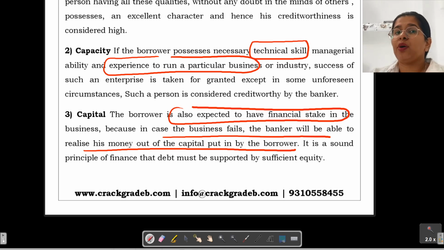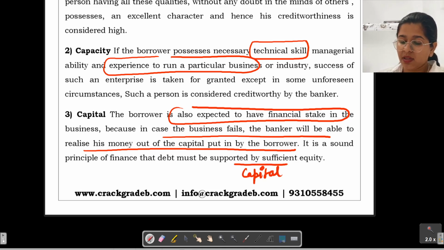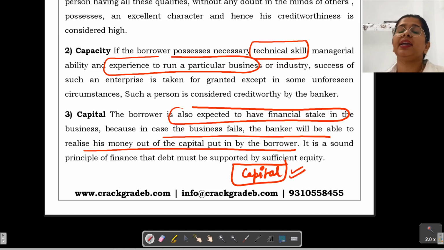But if tomorrow your business fails, then the bank would be able to recover its amount from the capital. So the bank also sees what is the level of capital you have put into your business. ठीक है, आपने कितना amount रखा है, so that tomorrow the banker's amount should not be hampered. ठीक है.